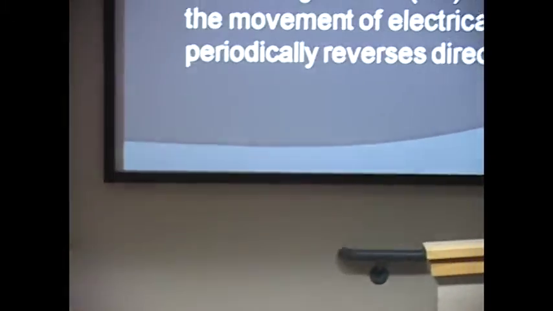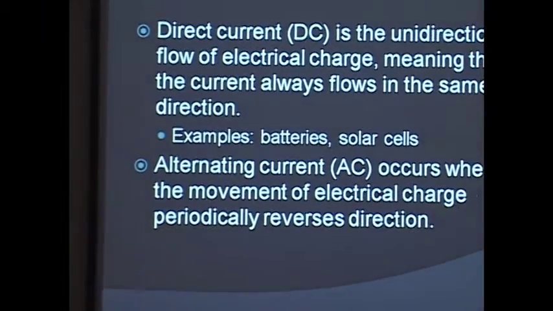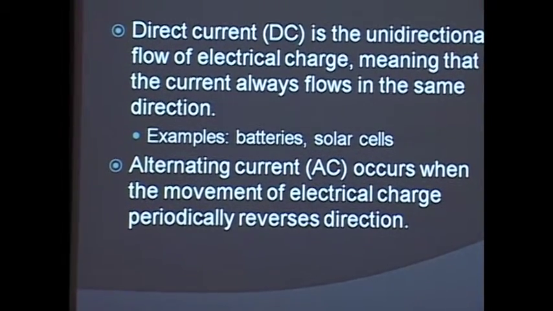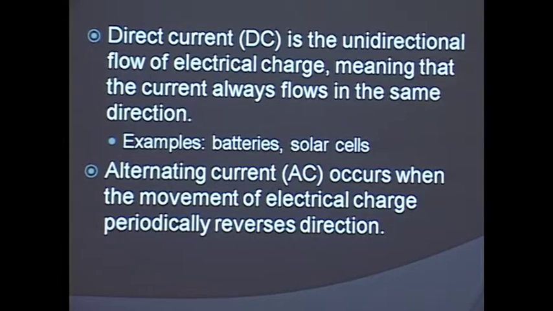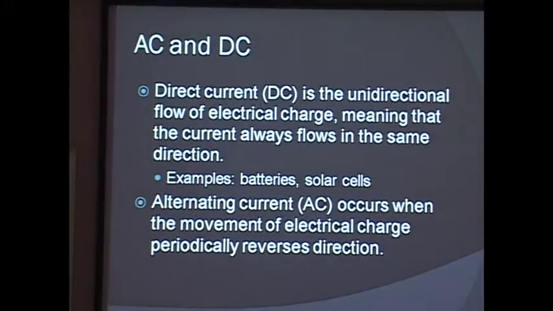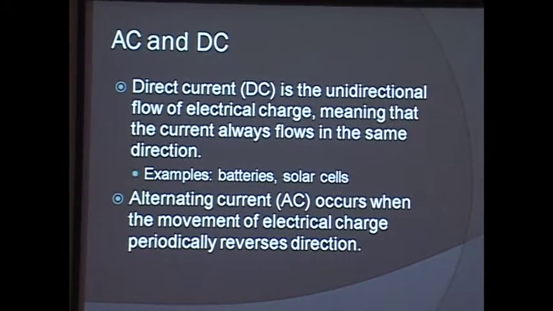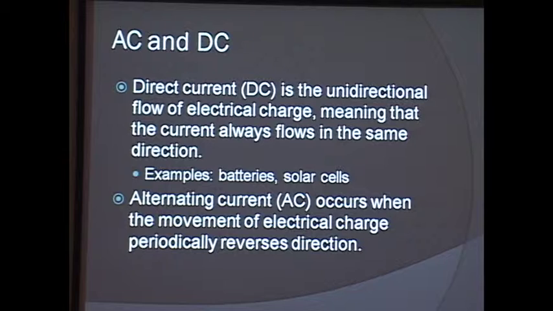So we have a few different types of signals. We have DC and AC for this example. DC, it all travels in one direction, so it goes from one point to another, and it always goes in that direction, versus AC, which can go from one to the other, and then it switches and goes back and forth and back and forth.